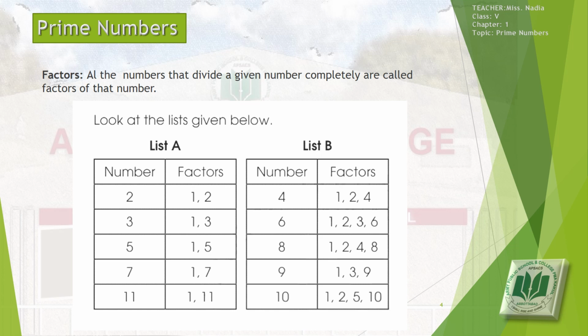Now the number 6: 1 and 6 obviously divide 6, then 2 divides 6, 3 also divides 6. So the factors of 6 are 1, 2, 3 and 6. It means 6 has 4 factors. So the numbers that divide the given number completely are called the factors of that number.